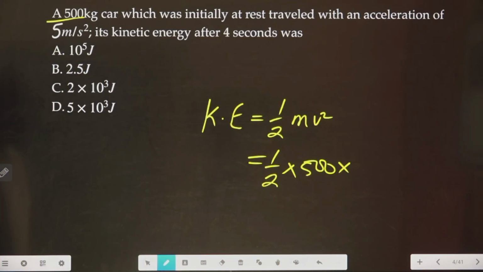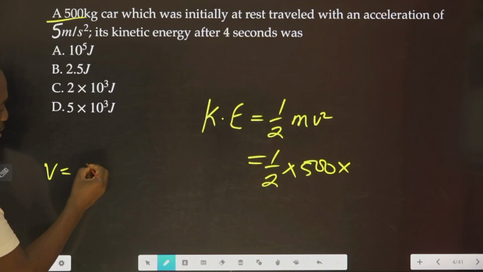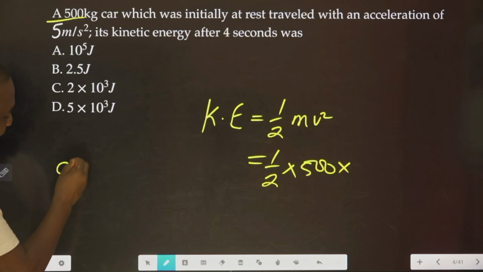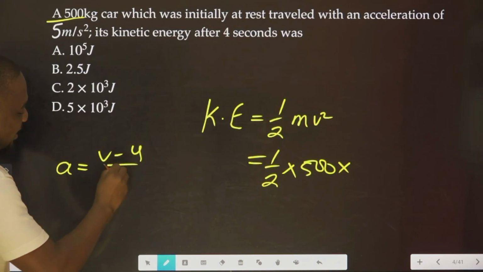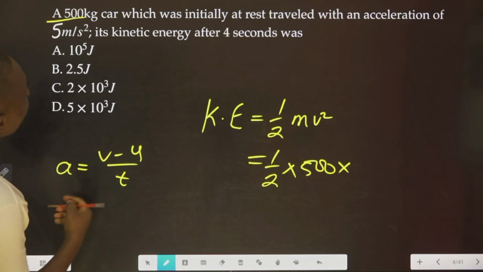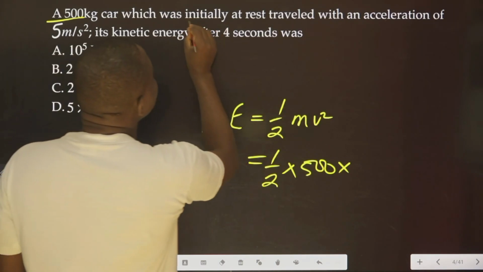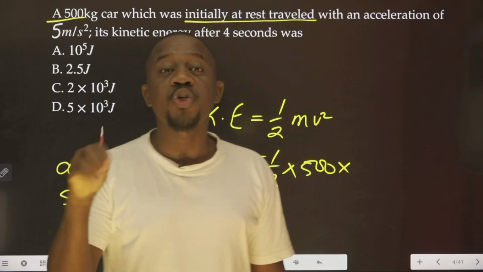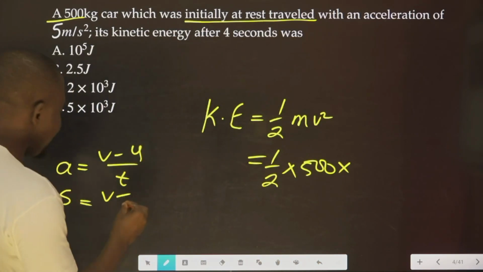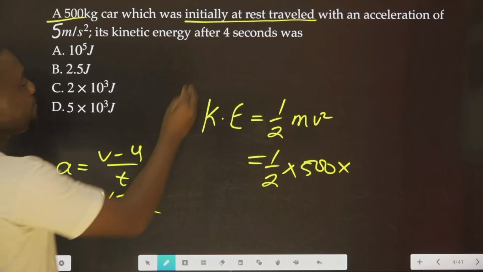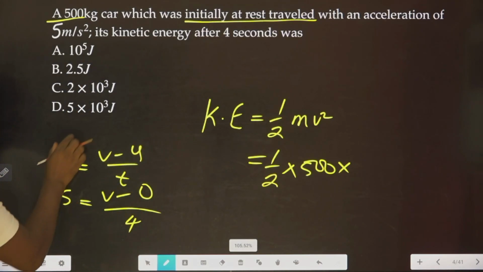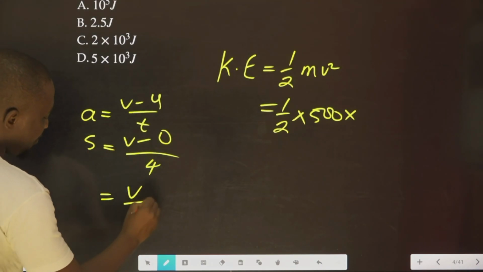We don't know v. To get v, you agree with me, a is equal to v minus u over t. We know a to be 5. We don't know v. We know initial velocity from rest means u is equal to 0. Therefore, we put 0 here. Time is 4. So now, this is v over 4.